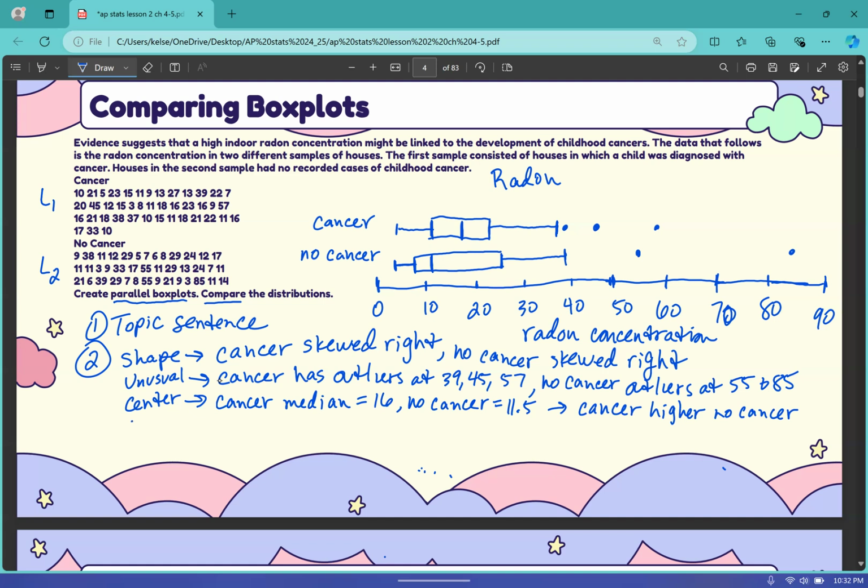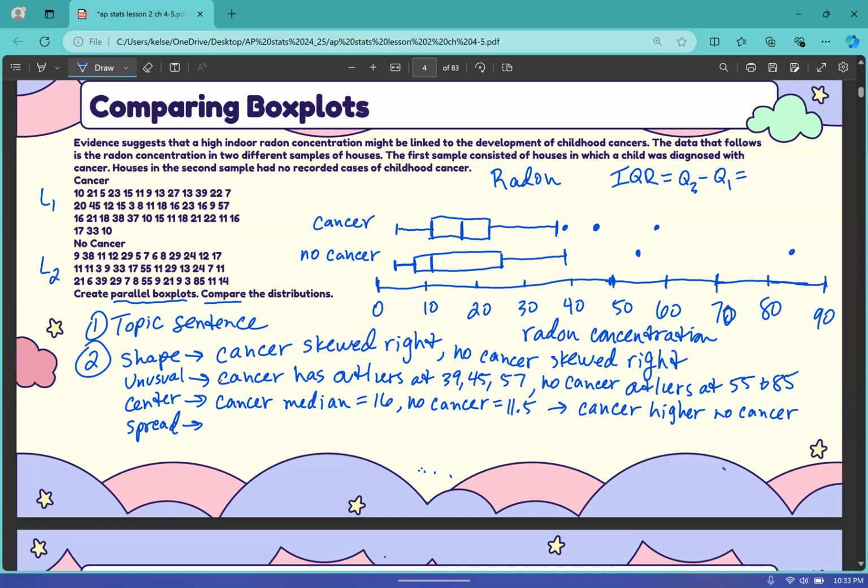And then next we do the spread. Since we have skewed data, we're going to do the IQR, and you have to show calculating that. You can show it by your graphs, wherever they give you free space on the FRQ. Remember, IQR equals Q3 minus Q1, and then show the plugging in.